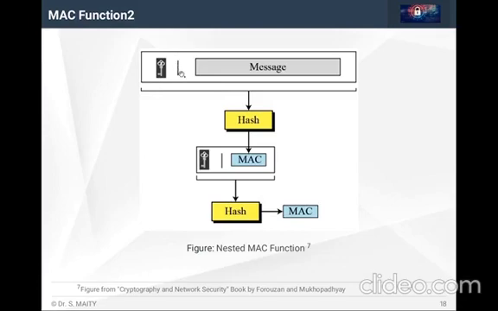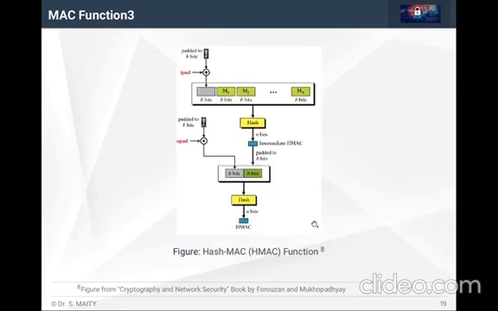This is a concatenation operation, just adding the key and the message one after another, and then in two stages you first calculate the digest, and then again concatenate the same secret key, shared between Alice and Bob, with the intermediate output, and the final digest is the MAC value.